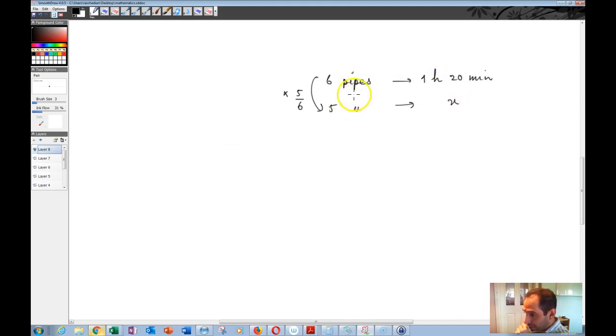Now if the number of pipes is decreased, the time taken to fill the same tank is going to increase. So by decreasing this, this amount is going to increase. So it's an example of inverse proportion. Since it's an inverse proportion, here I'm multiplying by 5/6.